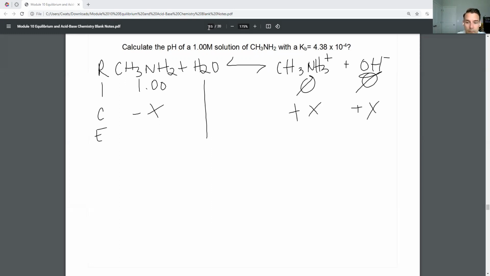Again, it's just a 1-to-1-to-1-to-1 ratio, and so I'm subtracting it and gaining it. The coefficients would go there if it was anything other than 1. Then I guess I'll write out the Kb for you.